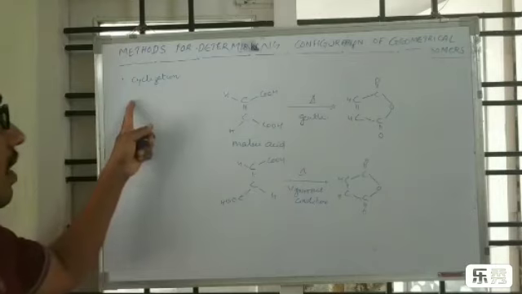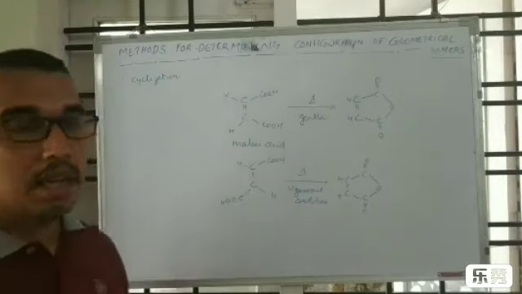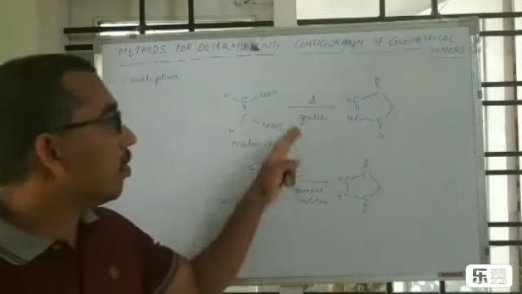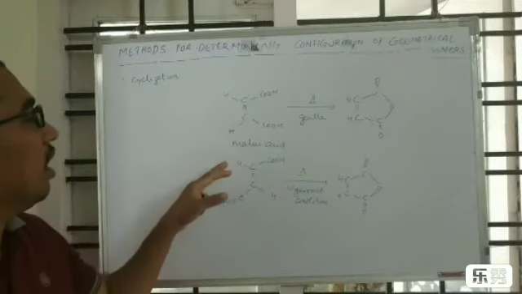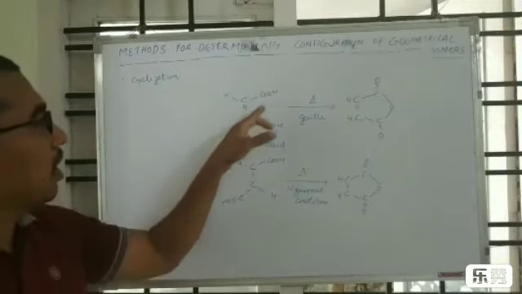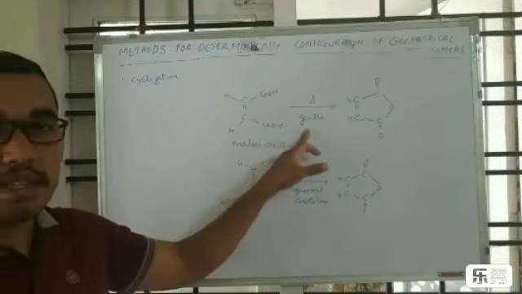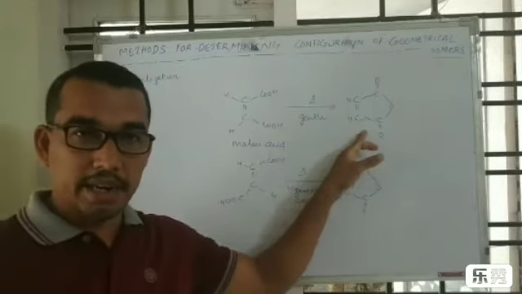Method of cyclization. In method of cyclization, the point to remember is that intramolecular reactions will occur when the reacting groups are closer to each other. For example, malic acid is a cis isomer. Here the reacting groups, carboxylic groups are closer. So gentle conditions are enough for converting it into its anhydride.